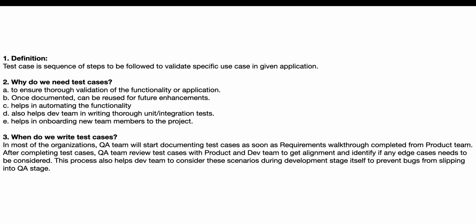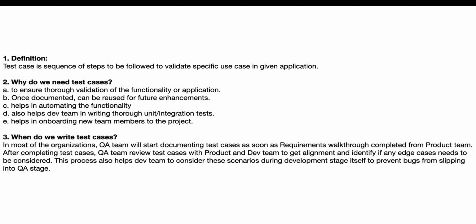Another advantage is it will help the dev team also in writing thorough unit and integration tests. Whenever we are testing an application, once the requirement walkthrough is done, QA will go through the requirements and write the test cases, and QA always tries to review the test cases with product and dev teams, so that they are aware of all the test scenarios that the QA team is thinking.